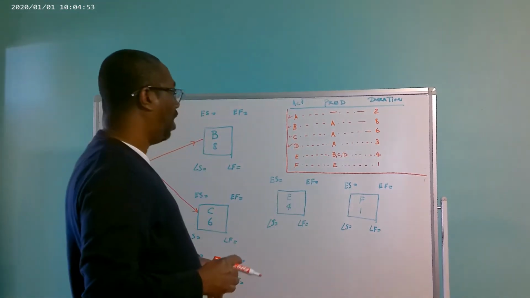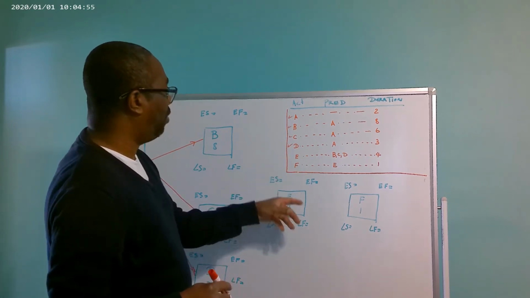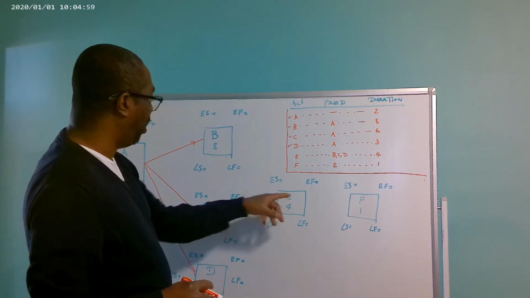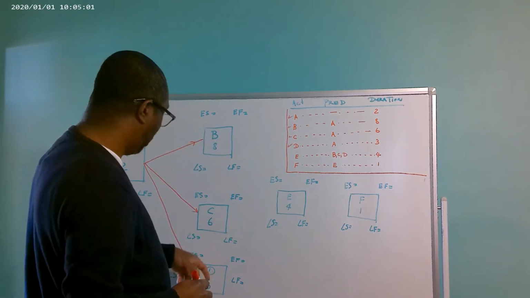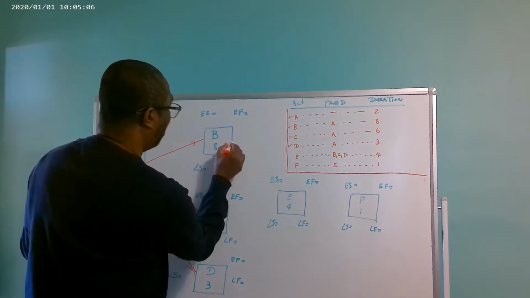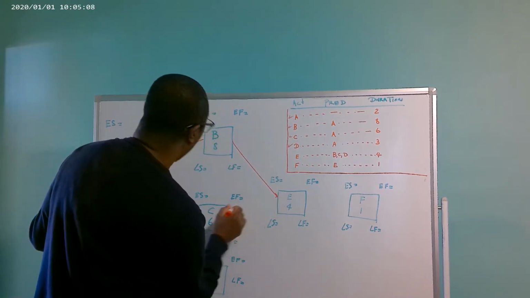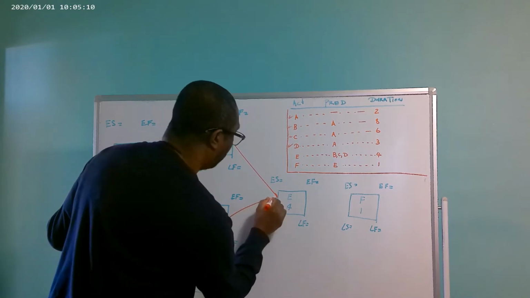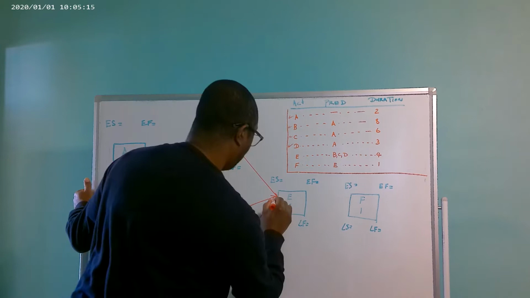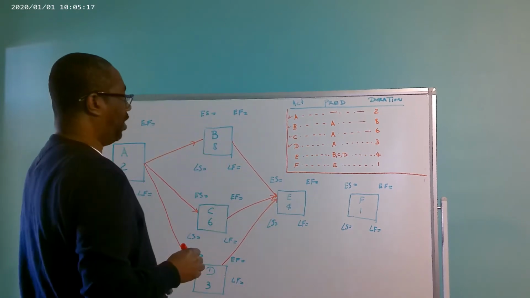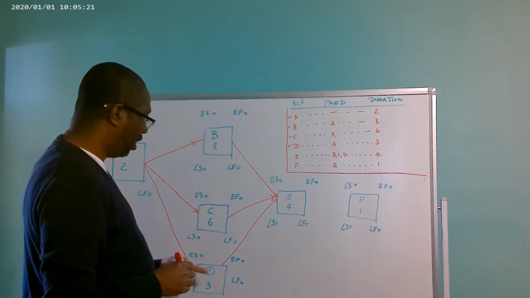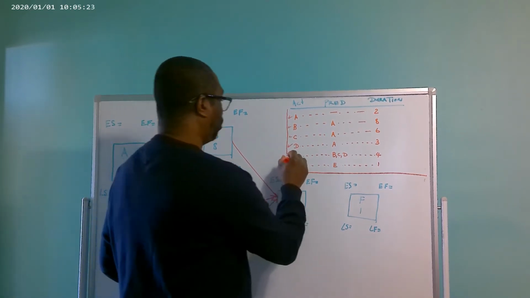Now activity E comes out of activities B, C, D. So we have activity E here, and we have B, C, D, and we merge B, C, D to activity E like this, like that, and like this. So we have dealt with this one.